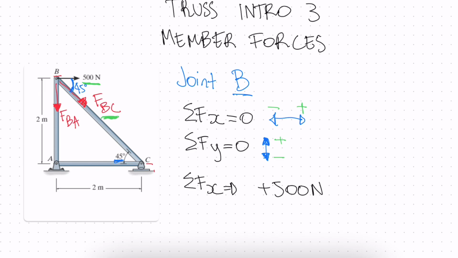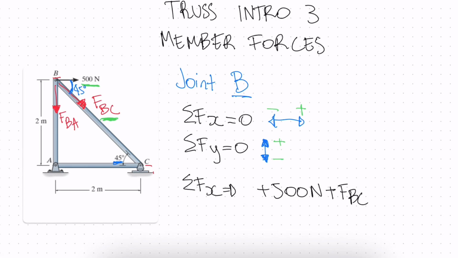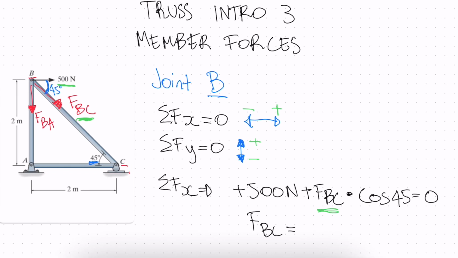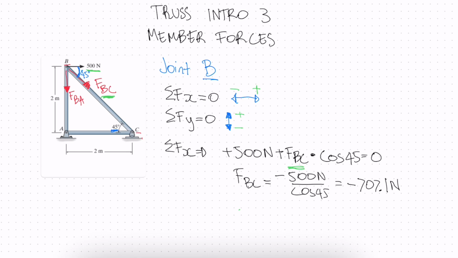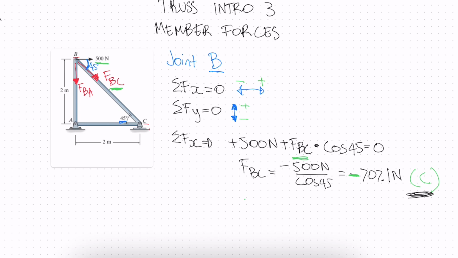So we can write plus FBC multiplied by cos 45. This will all be equal to 0. So we rearrange to solve for FBC. We have 500 newtons divided by cos 45, that will be equal to negative 707.1 newtons. If we have a negative value, this will be in compression. So always write if it's compression or in tension.